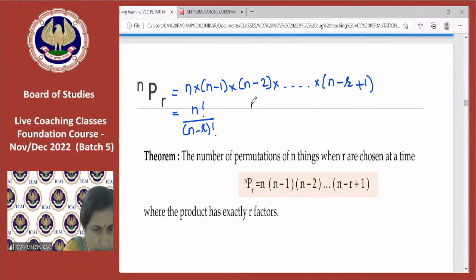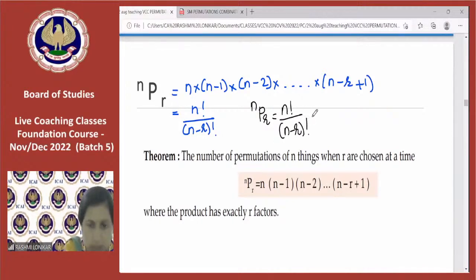The two ways are nPr is equal to n factorial upon n minus r factorial, which you can also write as n into n minus 1 into n minus 2, till where will we go?